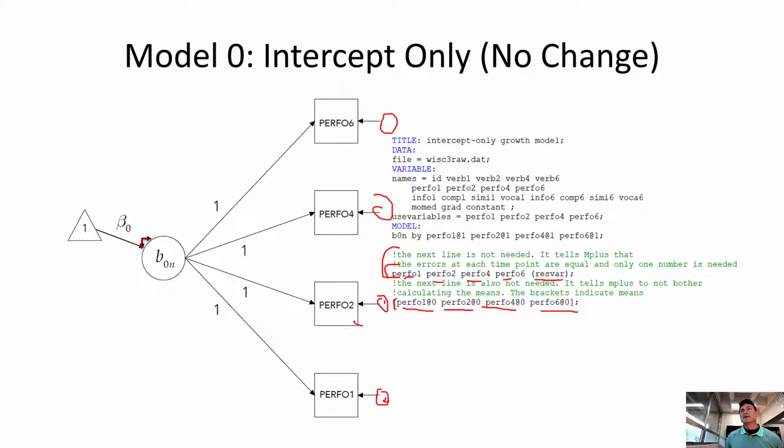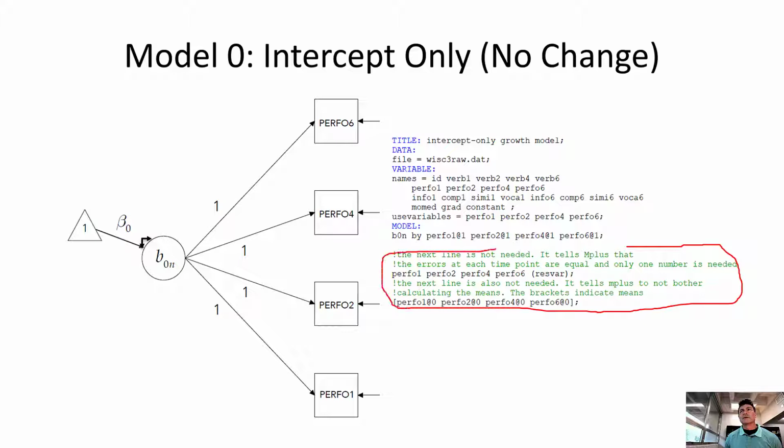So these two lines here aren't absolutely needed. They're needed to match up to multi-level modeling, and it takes away parameters that M plus doesn't need to estimate. So this is coded in here. We could get away with relatively simple code, but I've got this extra code in here so that when we get into multi-level modeling, it will line up exactly like multi-level modeling, and so that's why this extra code is in here.